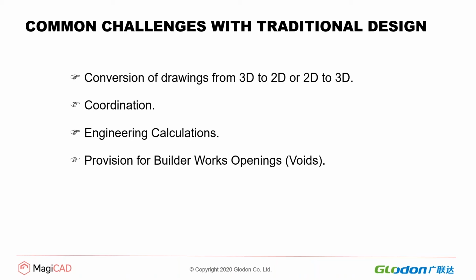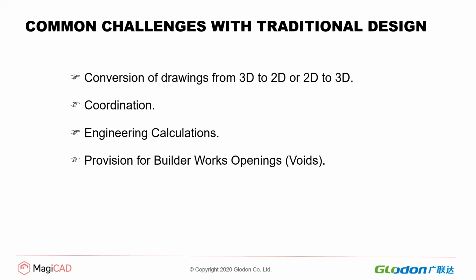That also consumes a lot of time because your design is on one platform and your coordination is on a different platform. So if you have to make immediate changes, it may not be possible immediately. You have to wait for some time to make the changes.